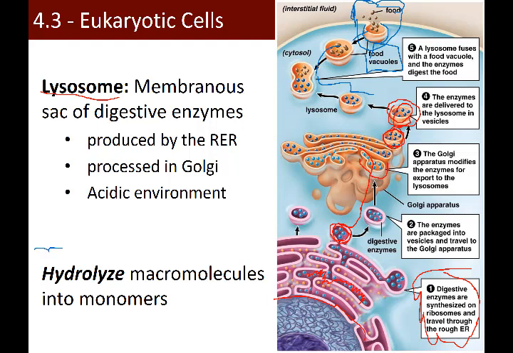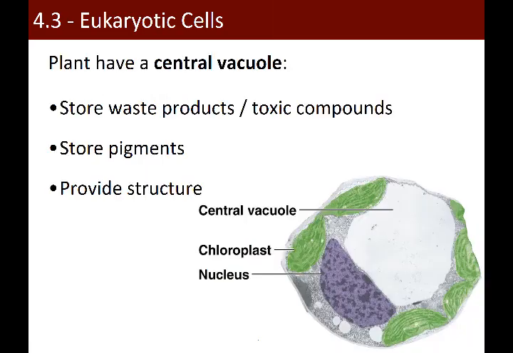So remember, we talked about a hydrolysis reaction, right? When this happens, our little macromolecules that have traveled to the surface of the cell are going to be hydrolyzed into their monomers. They can be released into the cell to be used as building blocks for different molecules, or they can be used to produce energy.